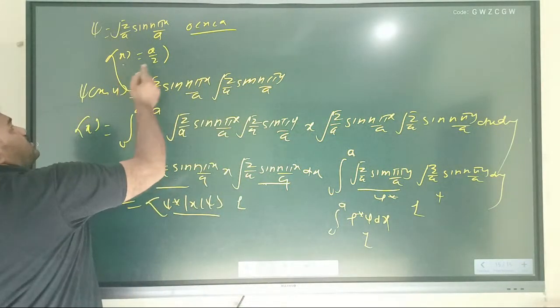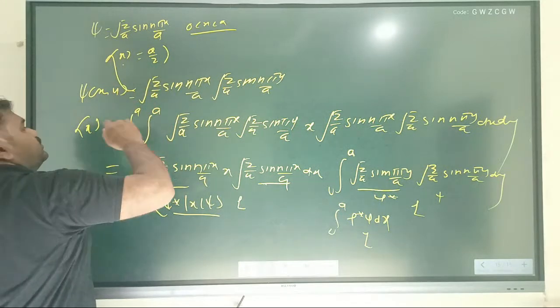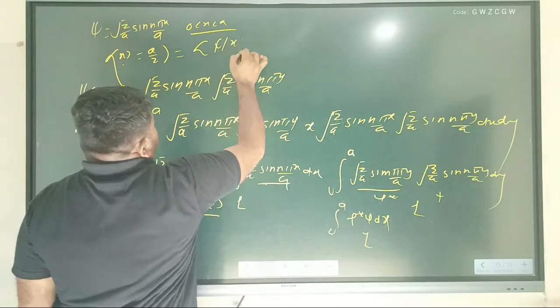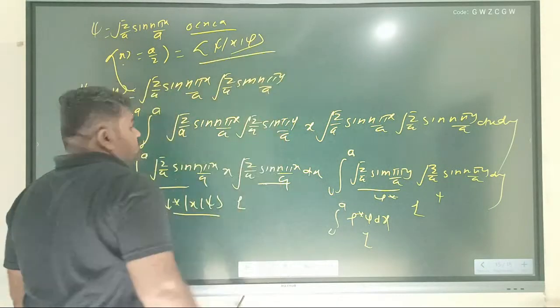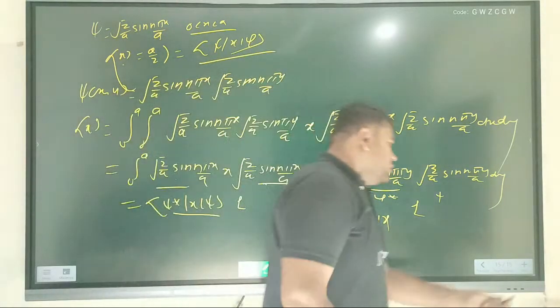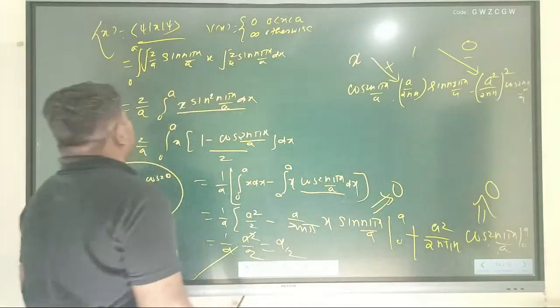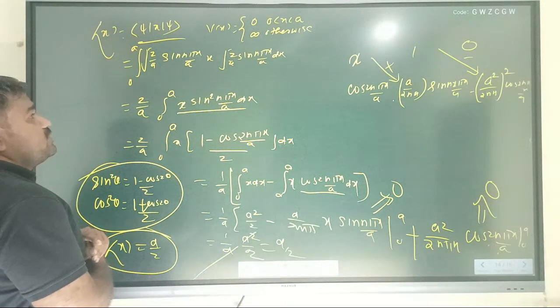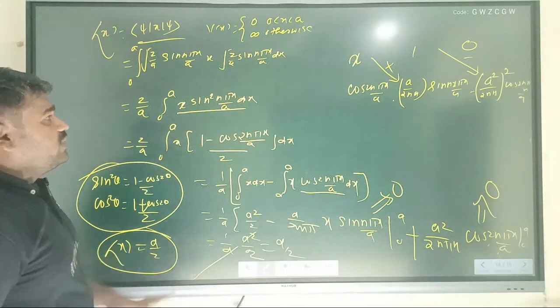This is nothing but x. Expectation of x is nothing but psi star x psi. Okay, and what is the value of psi star? Psi star x psi, सॉरी हाँ यह जो हमने सॉल्व कर दिया तो psi x psi is nothing but expectation of x, and what is the expectation of x value here?